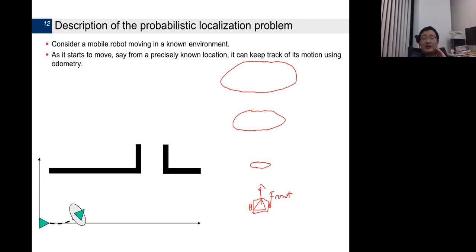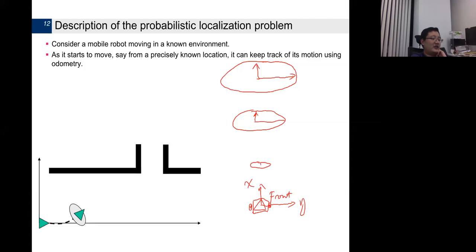Why? Do you know why? At least it shows the uncertainty appears differently in the lateral direction than along the motion of the robot. Let's give it a name. This is the X, this is the Y, and Z is pointing down.